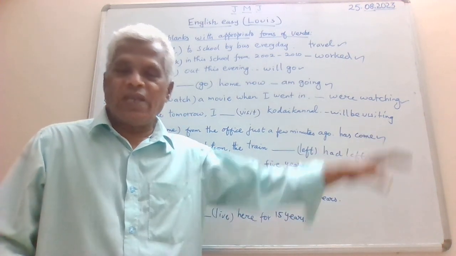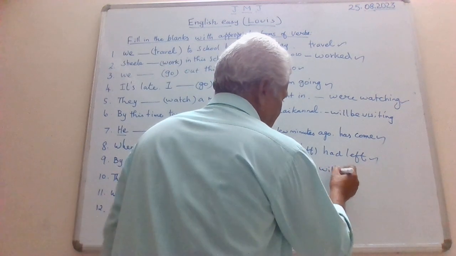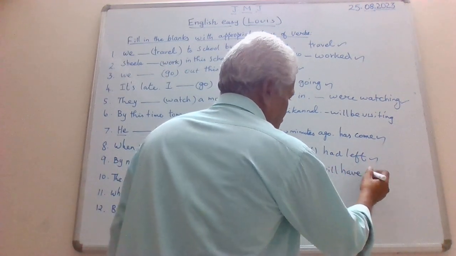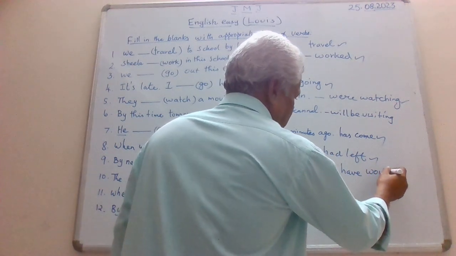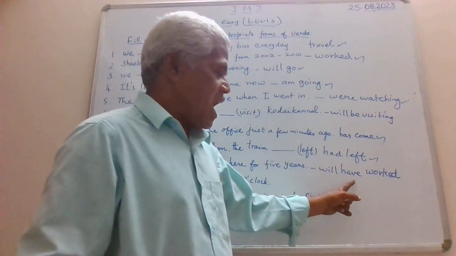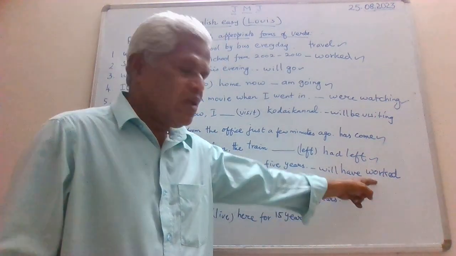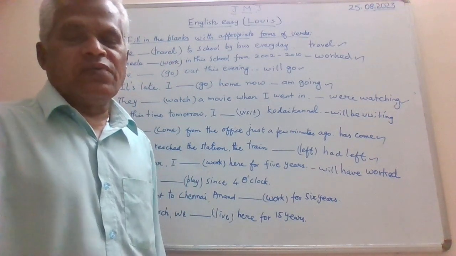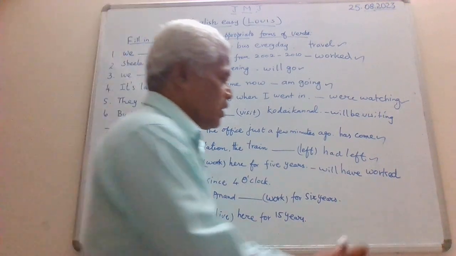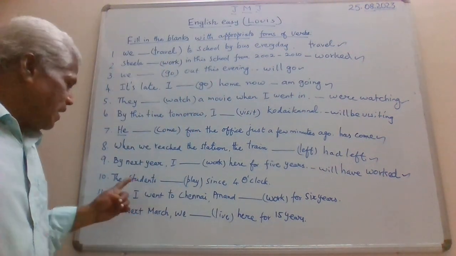Then I am still working there. And then you see, what is the form? Will have worked. See, will is your future, have is your perfect, worked is your past participle form of the verb here. So will have worked. Future perfect tense.